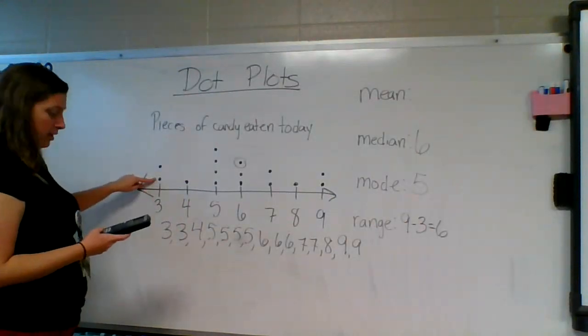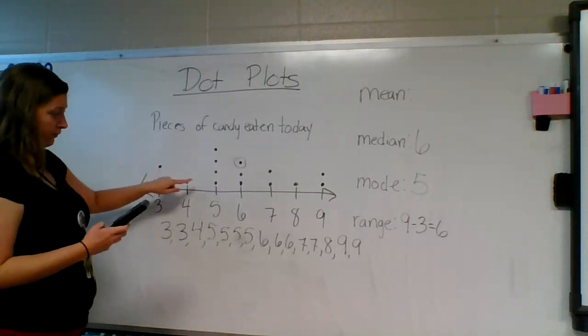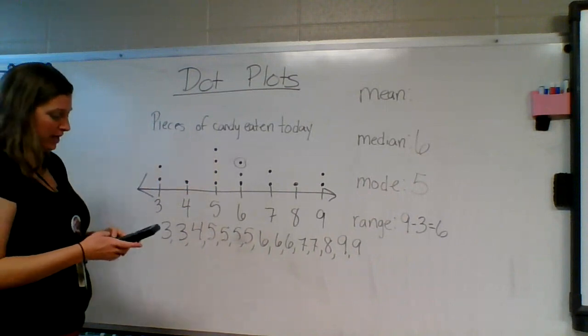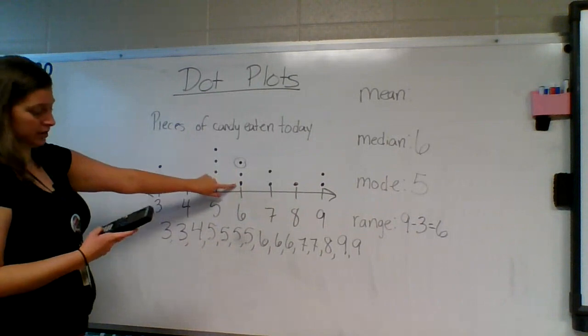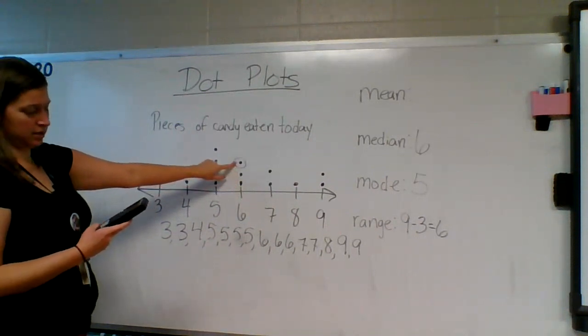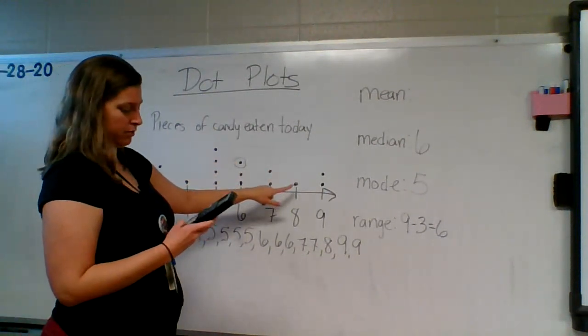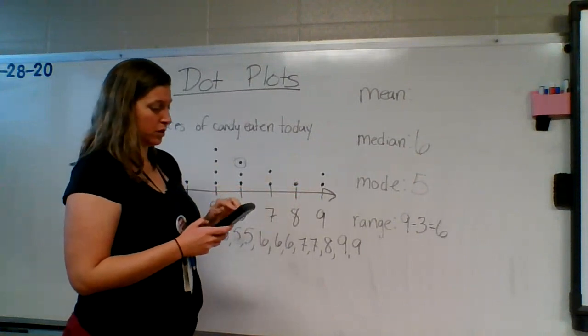We have 3 plus 3 plus 4 plus 5 plus 5 plus 5 plus 5. So I'm going to add 5 4 times plus 6 plus 6 plus 6 plus 7 plus 7 plus 8 plus 9 plus 9.